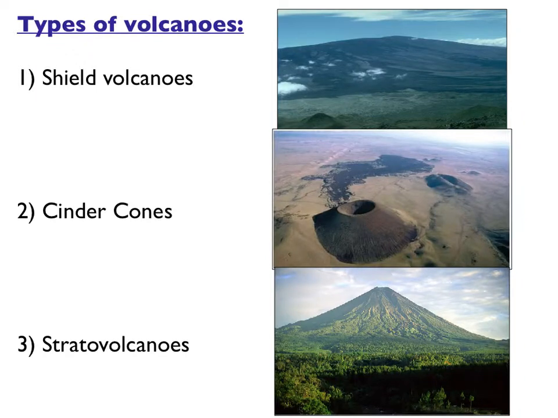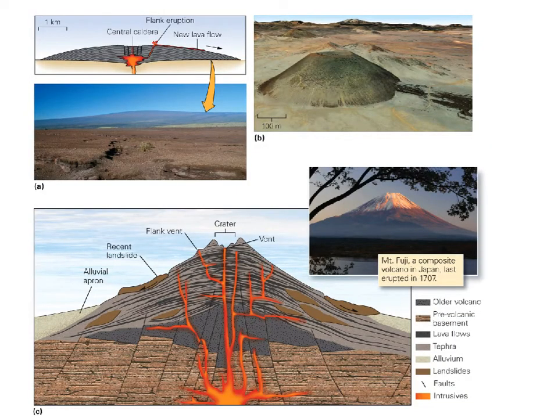There are three fundamental types of volcanoes: shield volcanoes, cinder cone volcanoes, and stratovolcanoes, which are sometimes called composite volcanoes. I'll explain why in a moment. This is an overview figure from your text that's showing these three different types of volcanoes.